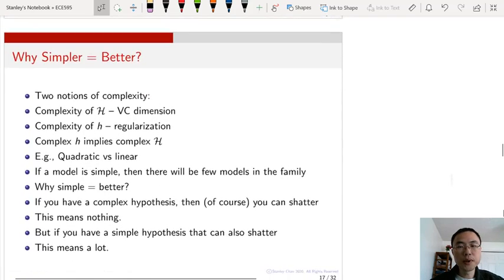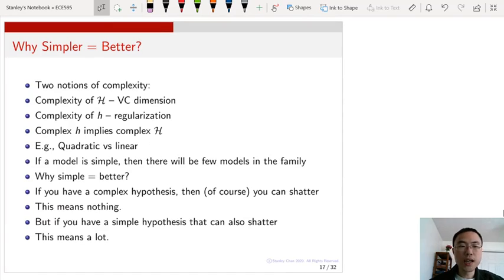So in order to explain this Occam's razor, let me try to explain why simpler usually means better. There are 2 notions of complexity. One is the complexity of your hypothesis set, and this is the VC dimension. The other one is the complexity of your hypothesis, and this has to do with your regularization.